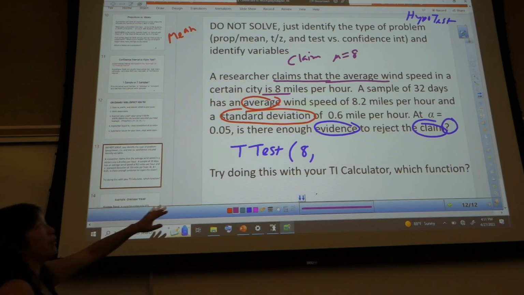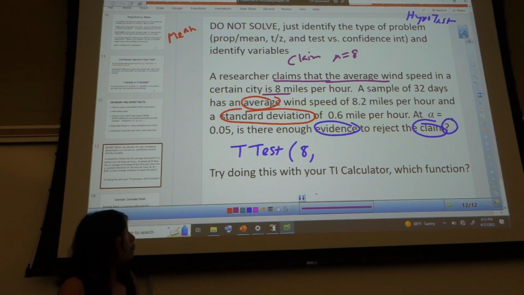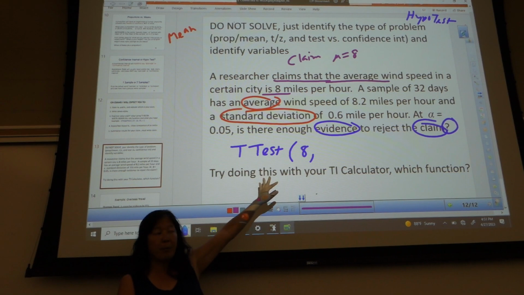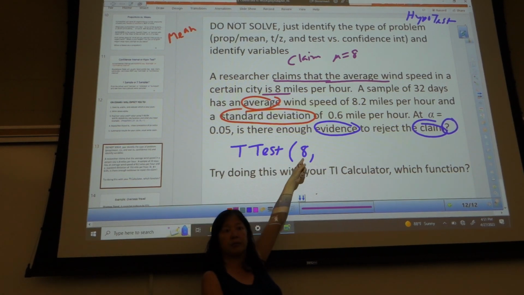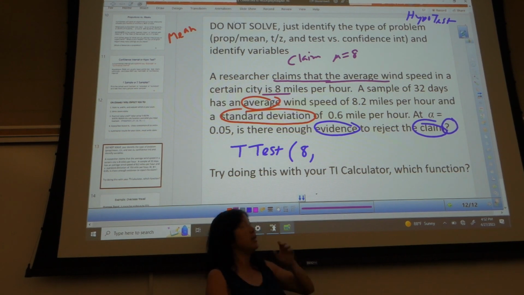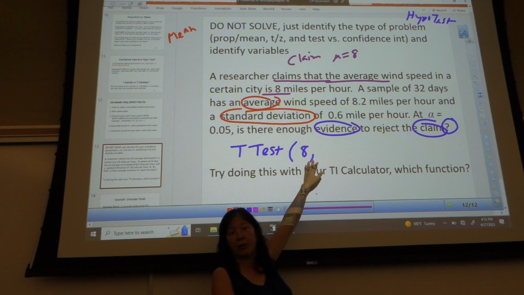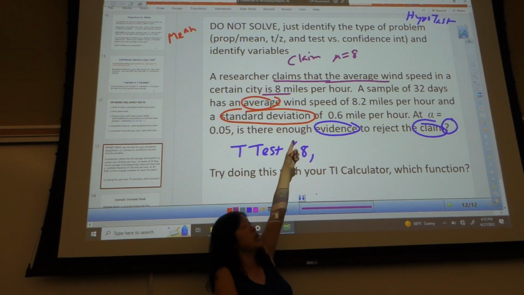It has nothing to do with your sample at all. You always grab it from the claim. For a regular one like this, one sample, it'll be the number in the claim. For the 2 samples, especially the 2 sample dependent, that's the time when you're looking at the differences, so this would be 0, only in that 2 samples. One sample, it's going to be that number.